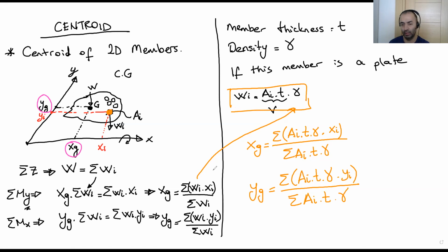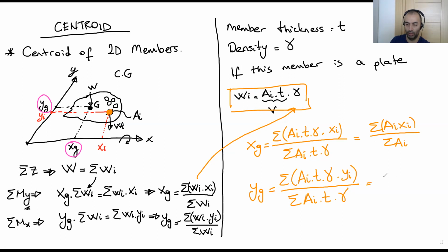So if we take a look here, we have some constant numbers. What are they? T and density. Okay, these are the constant numbers. So we can take these numbers out of the summation and then cancel them, basically. So at the end, what we are gonna get is total area times xi over total area.